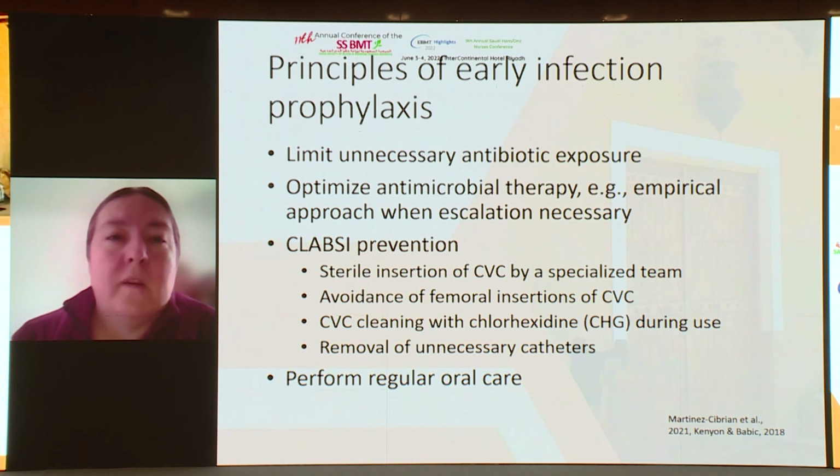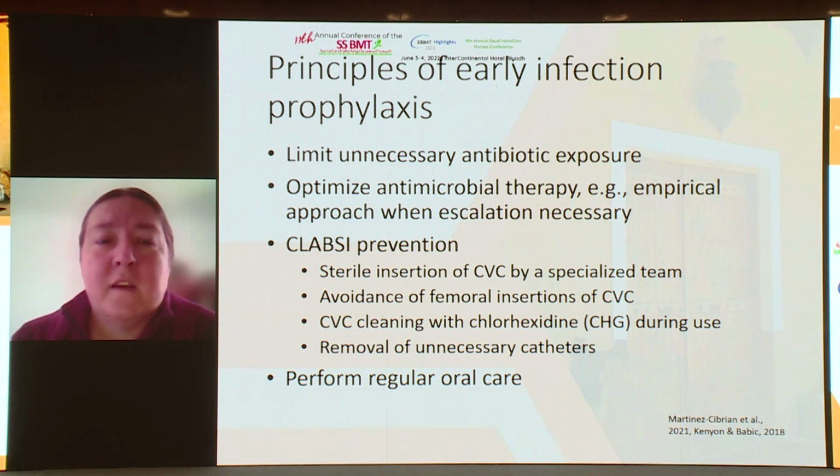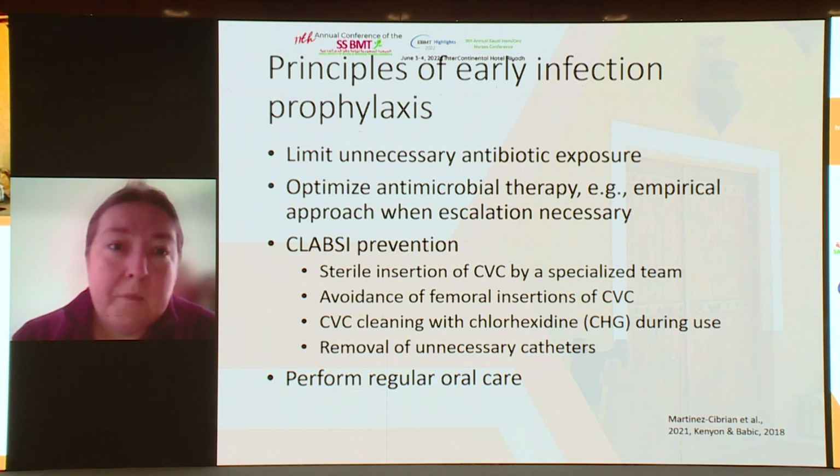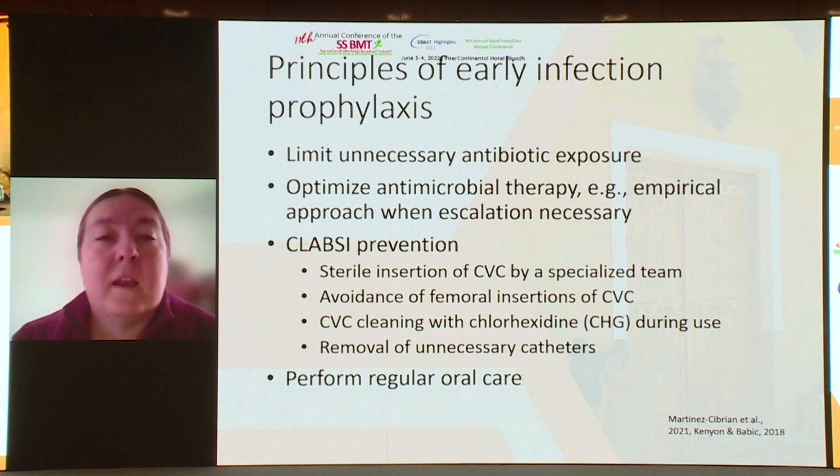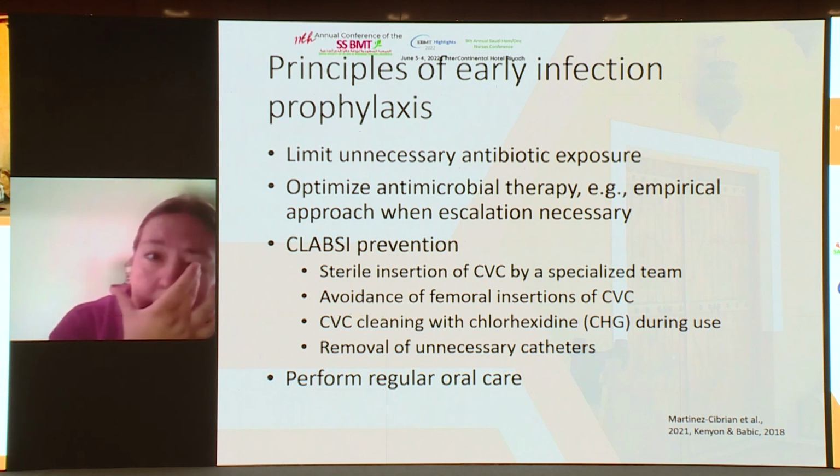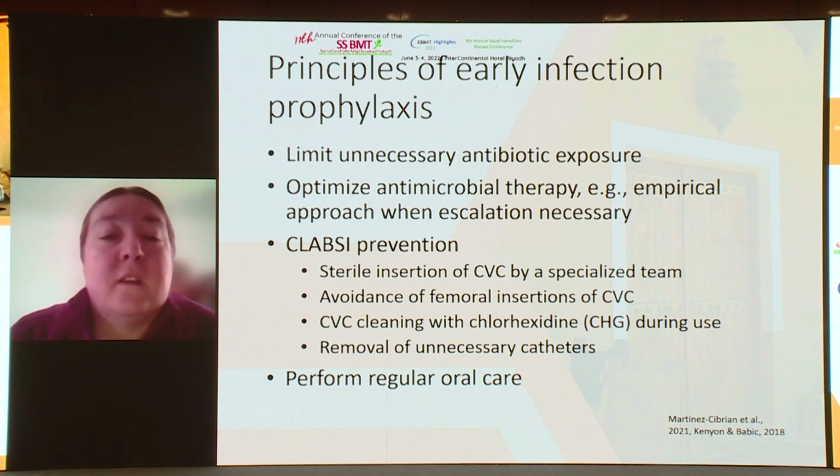So now let's have a look at the principles of early infection prophylaxis. There we should look for limiting unnecessary antibiotic exposures, then optimize antimicrobial therapies, for example, applying an empirical approach when we have to escalate the antibiotics, and we have to look for catheter-related, central line associated bloodstream infections.